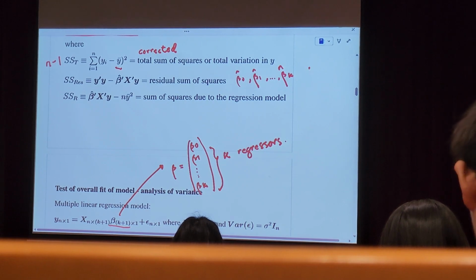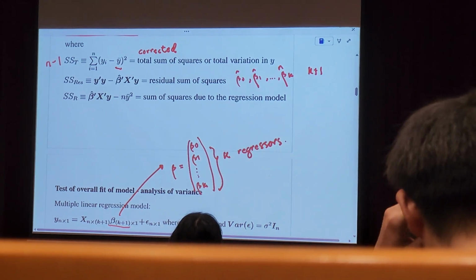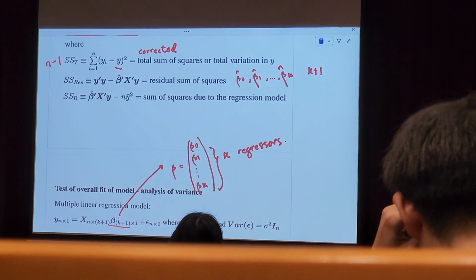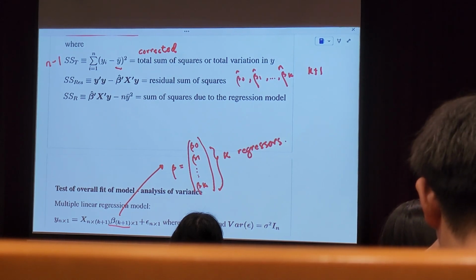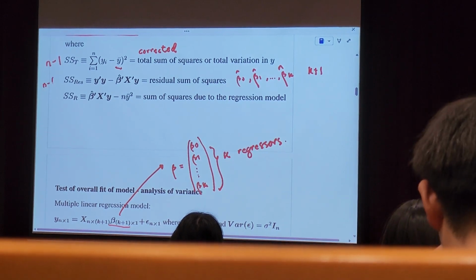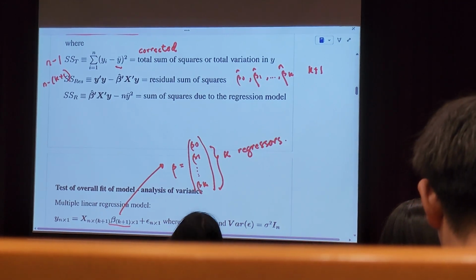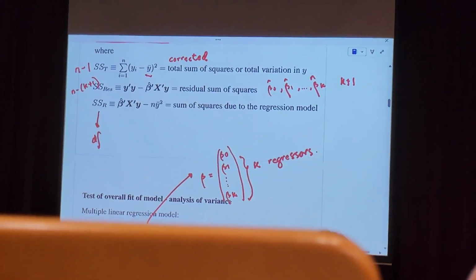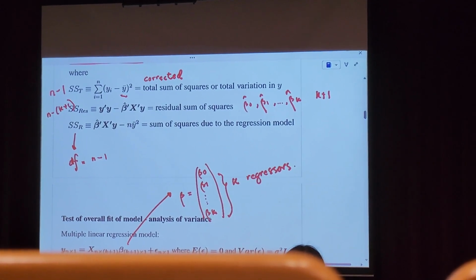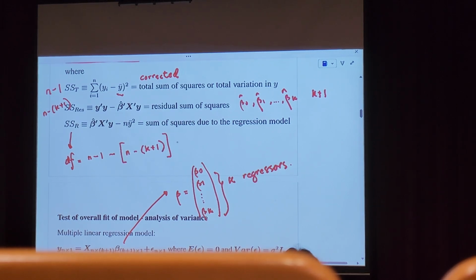So there are k plus 1 parameters you need to estimate, and this imposes k plus 1 equations or constraints. Then the degrees of freedom for SSR, the regression sum of squares, will be obtained by subtraction, which is n minus k plus 1.